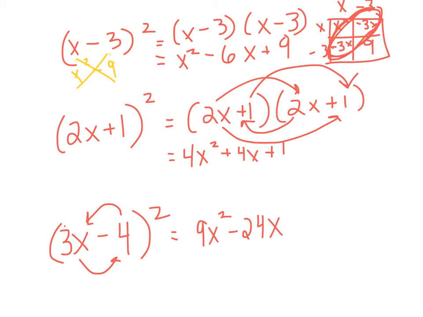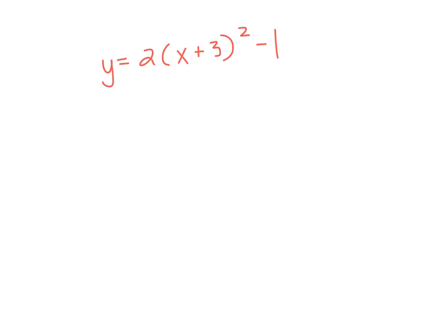And then negative 4 is going to multiply by itself to give us 16. So it's 3x by itself, 3x and negative 4 twice, and negative 4 by itself. See if you can try to start doing that almost in your head. That's going to make what we do next even easier.